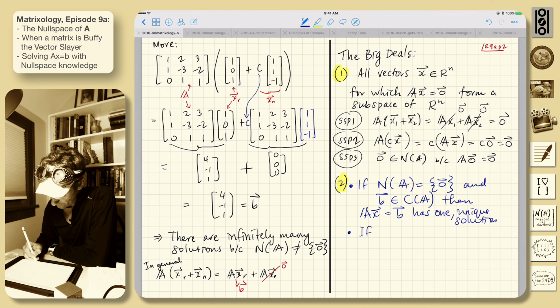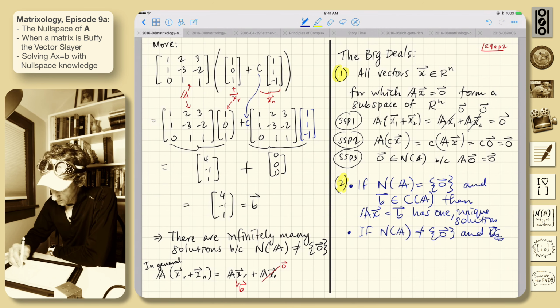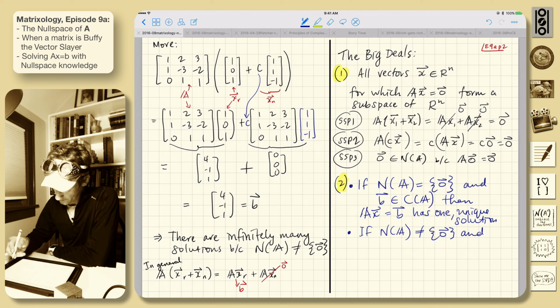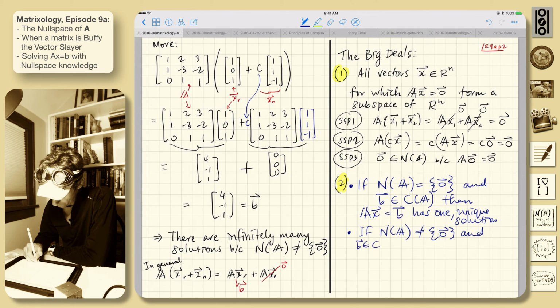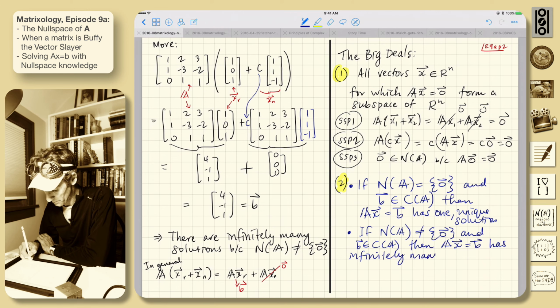If the null space of A is not equal to 0, and B is in the column space of A, then Ax equals B has infinitely many solutions. We're going to see this, it's going to come out, but this is the big deal. Infinitely many solutions. The next piece is about finding null space and column space.